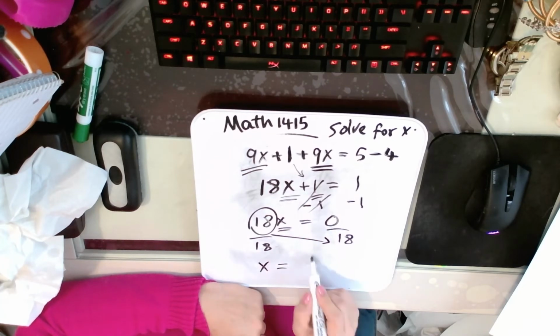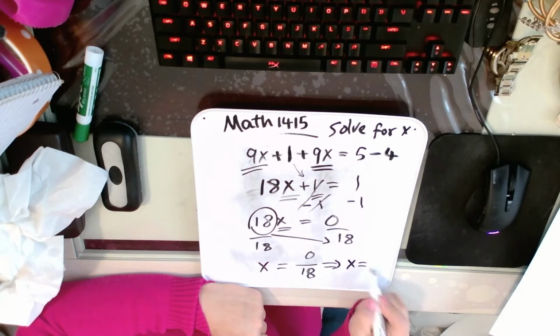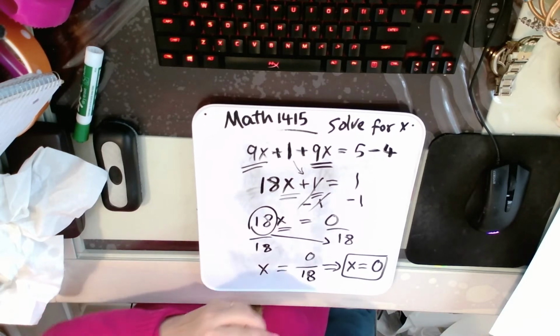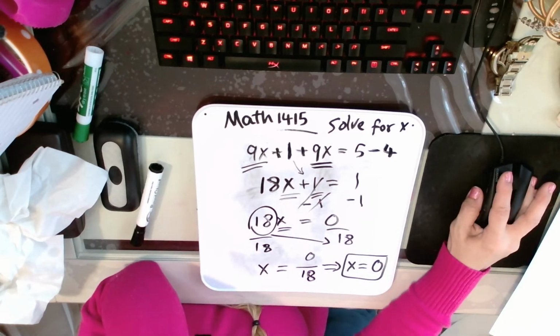X equals 0 over 18. 0 over any number is 0. That's it. X equals 0. Done.